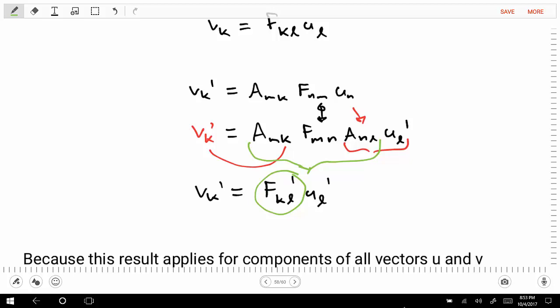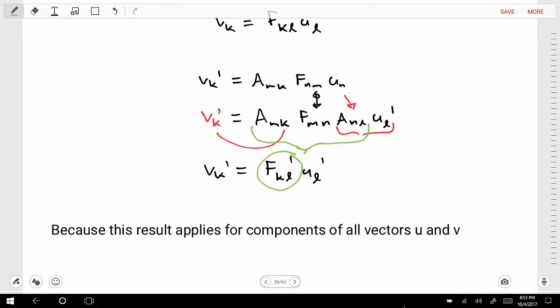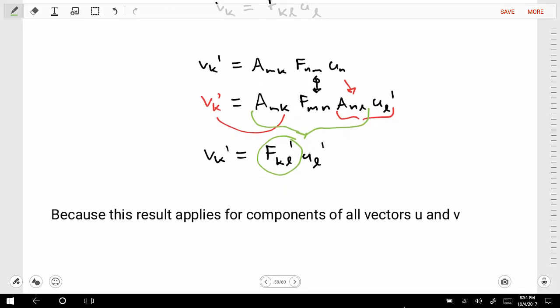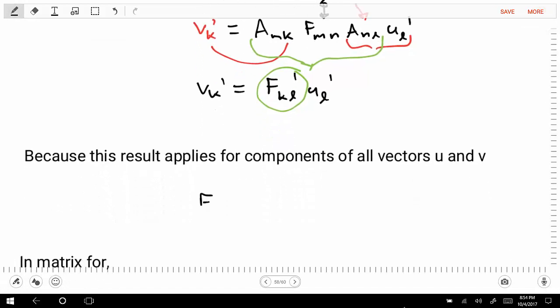Now, because this result applies for components of all vectors of u and v, because we haven't defined the vectors u and v, we can then say that our transformed tensor f K L prime is equal to a m k f m n a n l.